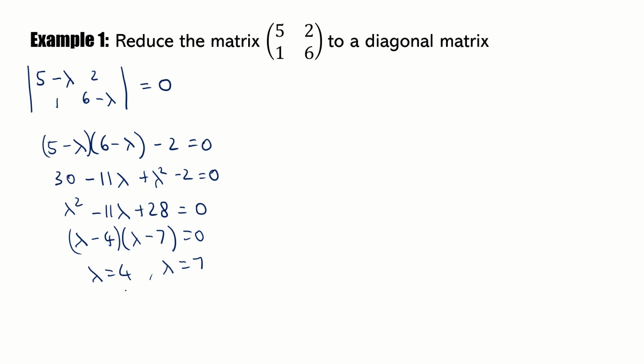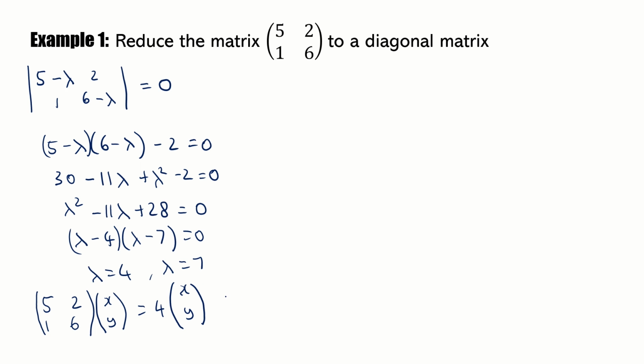We can then use these eigenvalues to find eigenvectors by taking the original matrix, multiplying it by the unknown eigenvector (x, y), and setting that equal to an eigenvalue lot or multiple of that same eigenvector.